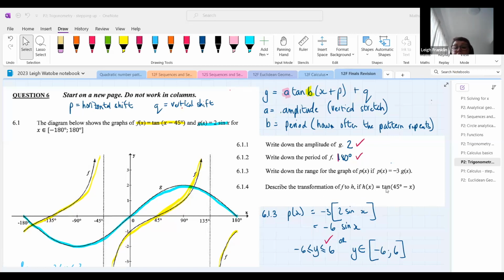H of x is tan (45 minus x). Okay, so what's changed? What's different?